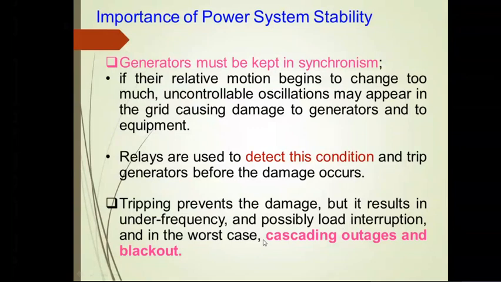So it will lead to further deviation in the frequency, and then it is possible that the next generator goes outage, and then it will result in one by one outage of generators, resulting in the blackout occurrence here. So that means complete power supply cut here.